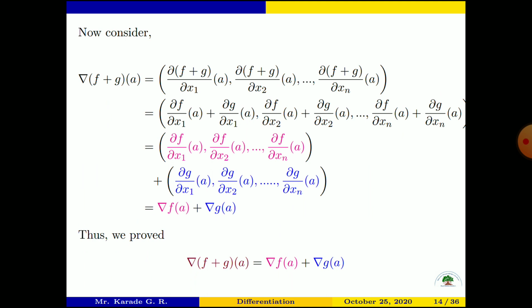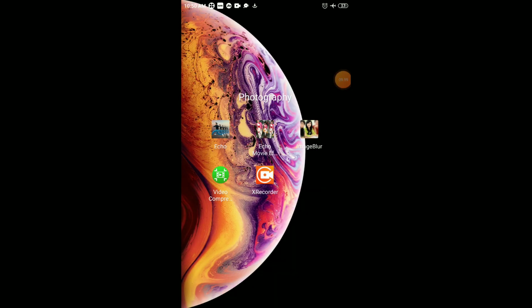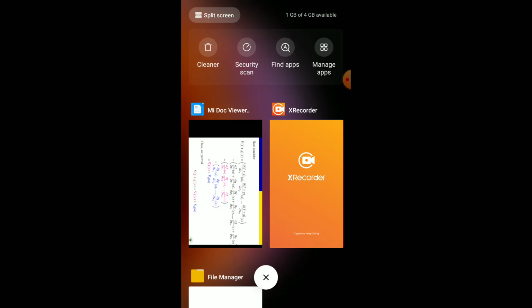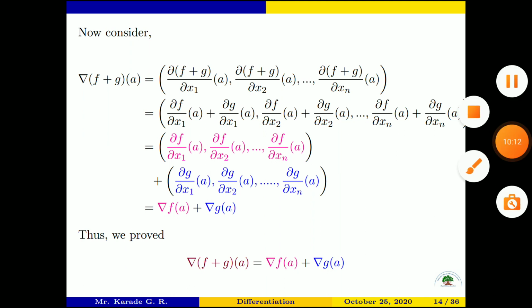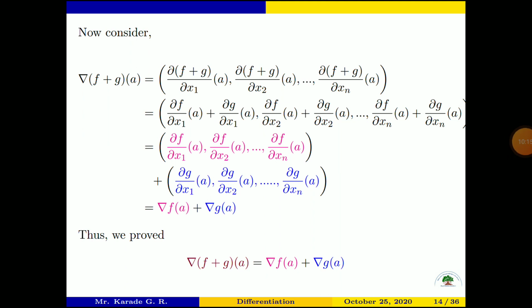The second component is the partial derivative of f plus g with respect to x2, and the nth component is the partial derivative of f plus g with respect to xn.